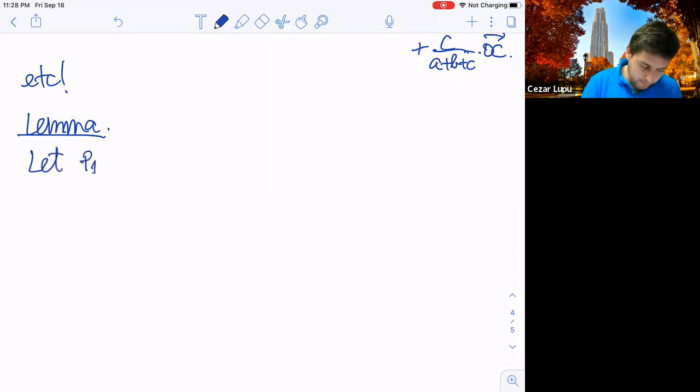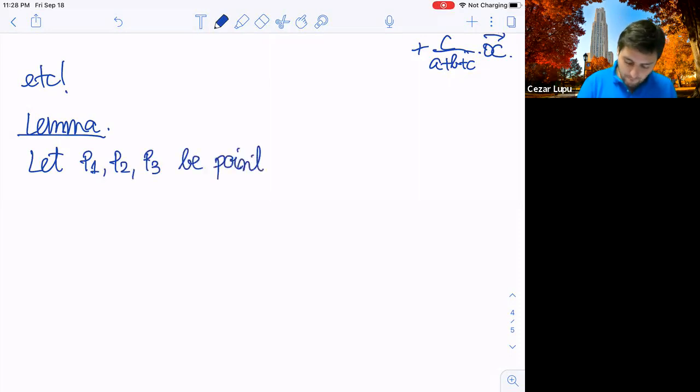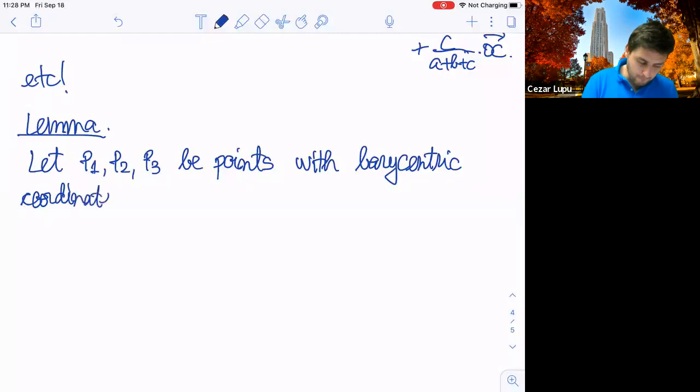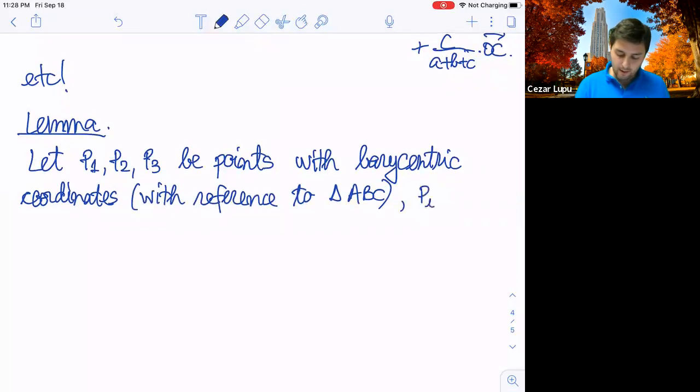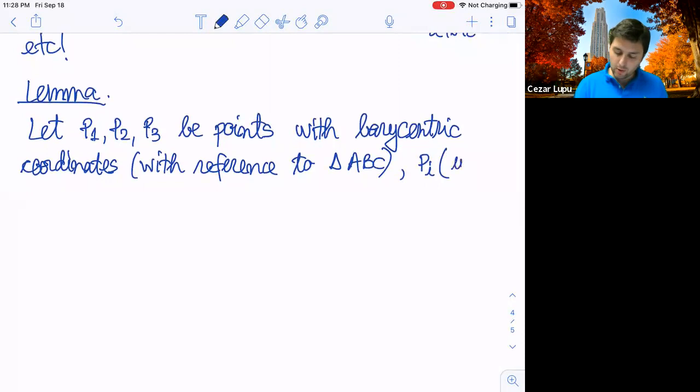Let P1, P2, P3 be points with barycentric coordinates with reference to triangle ABC, and let's say PI have the barycentric coordinates UI, VI, and WI, with I being 1, 2, and 3.